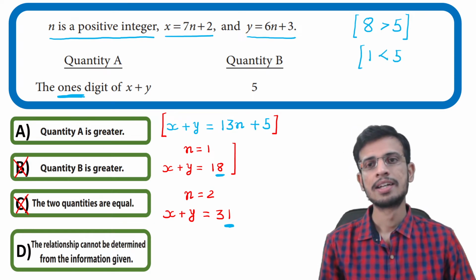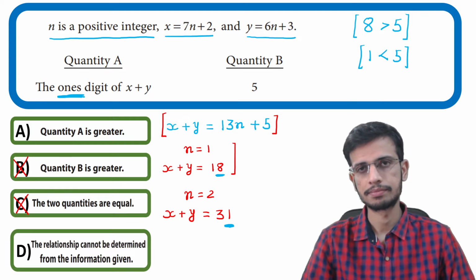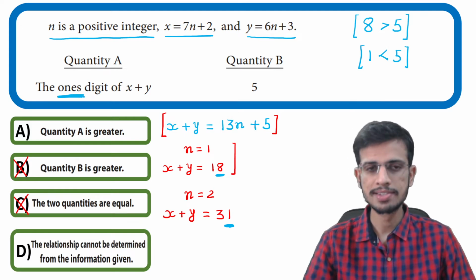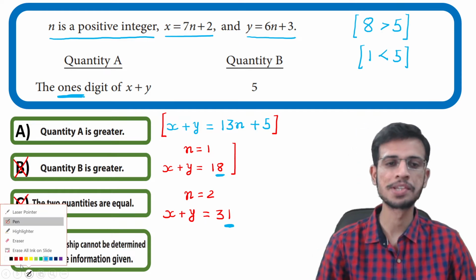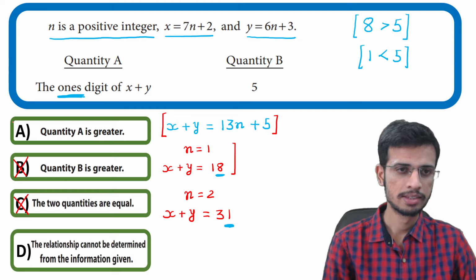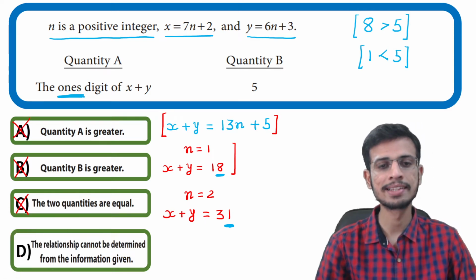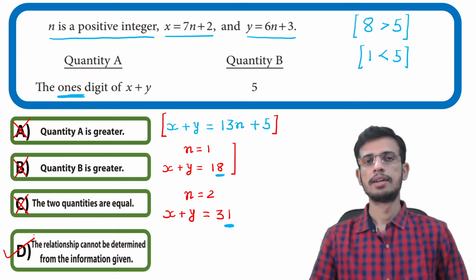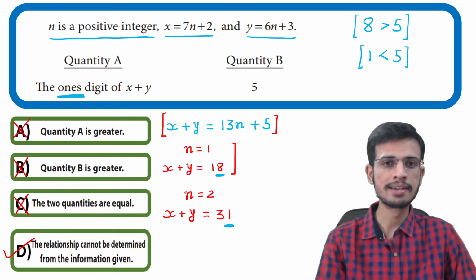So for different values of n, our answer is changing. So we have to also eliminate option A. The relationship cannot be determined from the information given in the question. If you change the values of n, your answer will change. So option D will be the correct answer.